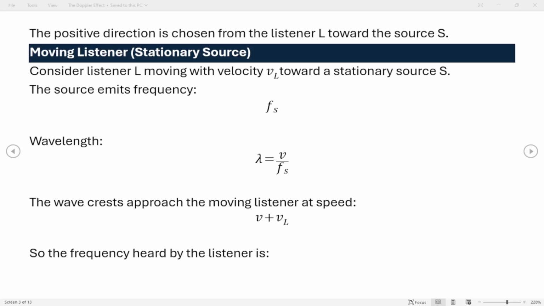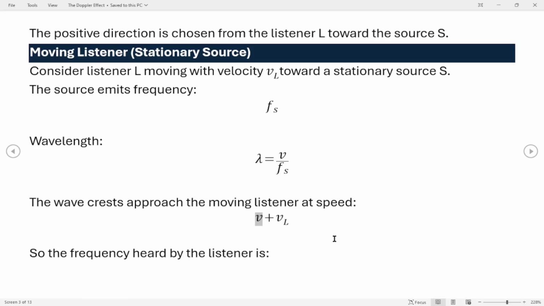Now, the wave crests approach the moving listener at a speed, so we are going to add the velocity of the sound traveling in the air plus the velocity of the moving listener. Take note that the nu that we use in this formula refers to the velocity of the sound in a particular medium.